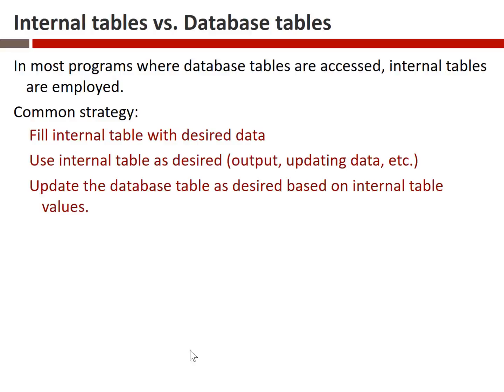I will write code that will manipulate what's in the internal table, hopefully building logic into my program to enable me to test it out to make sure that I've manipulated it correctly. And then when I'm done with that, I'll use it to update the database table. So it gives me a way of pulling data out, working with it in my program in a quarantine type situation, and then sending it back as appropriate.